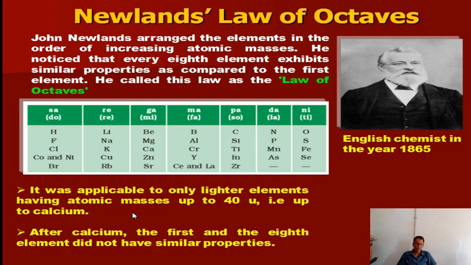That means he could not place these heavier elements in his table. So these are the main drawbacks. The elements which were discovered at that time were not fitted in his table. So these are the drawbacks of Newlands' law of octaves.